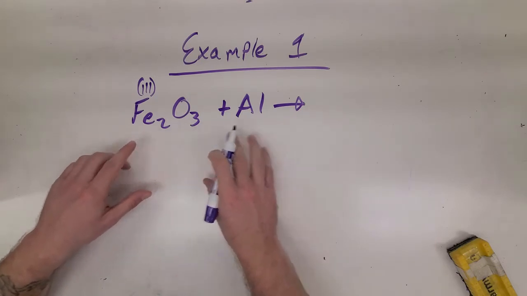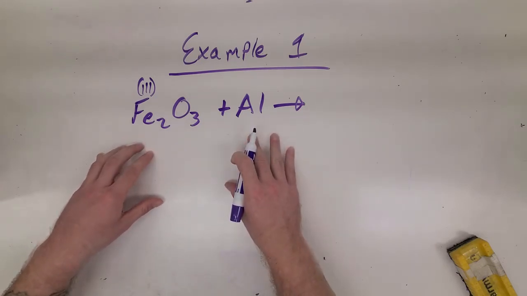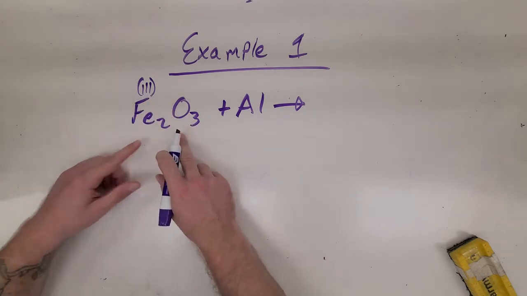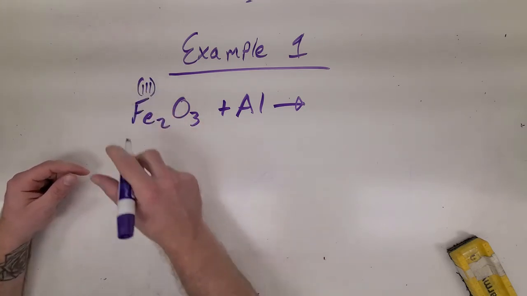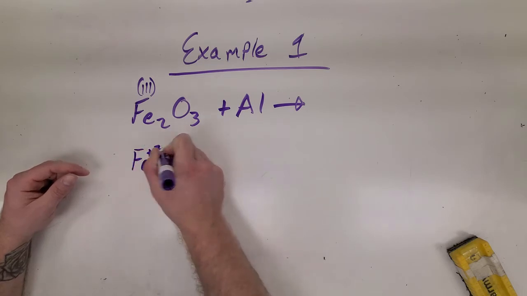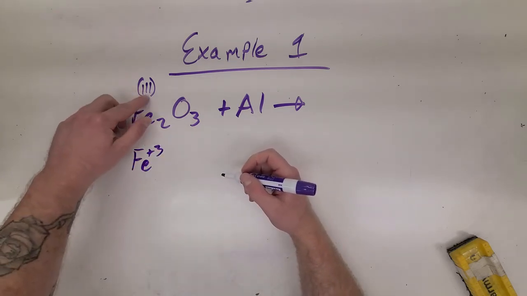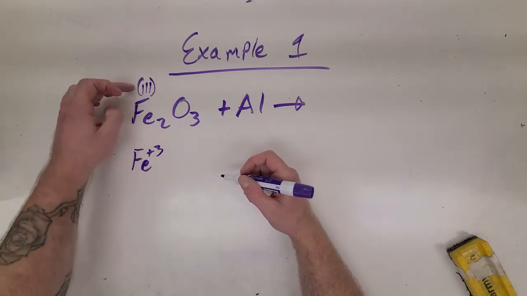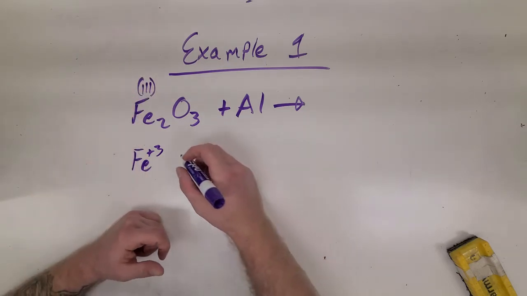First, we write down the elements and their individual charges down below. So here we have iron and oxygen. This is iron 3, so we're just going to write Fe plus 3. All metals are going to have a positive charge. This 3 just tells us what it's going to be.